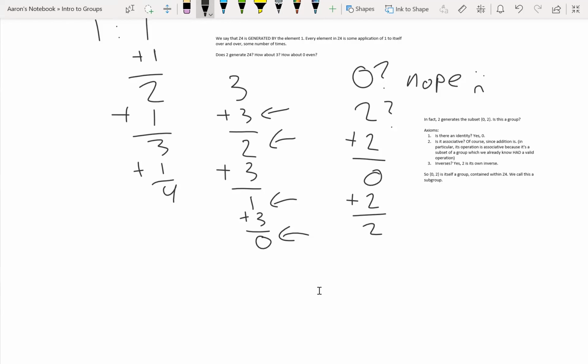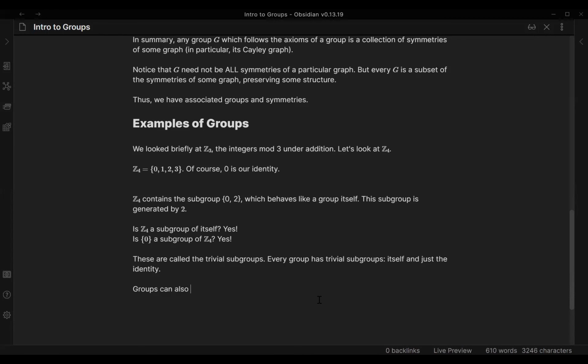In fact, groups can also have other subgroups like the cyclic subgroups, which are generated by taking all powers of some group element.